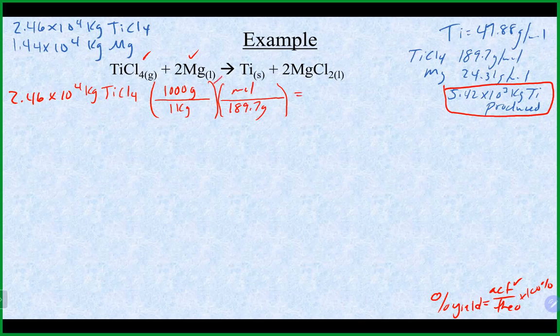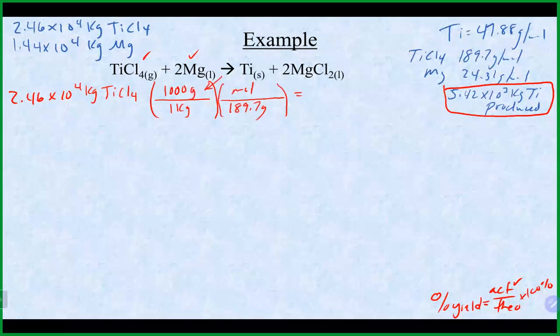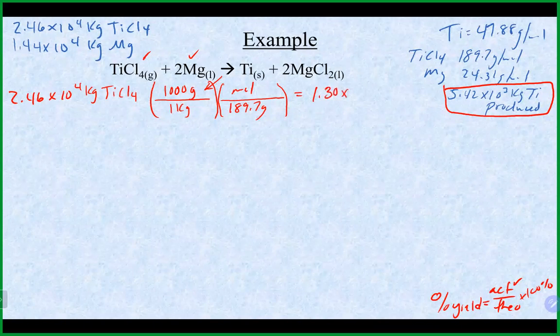So I'm just adding this extra step to get me to grams so that I could then get the moles, making sure you use your exponent button. We're going to end up here with a number. We'll call it 1.30 times 10 to the 5th moles of TiCl4.